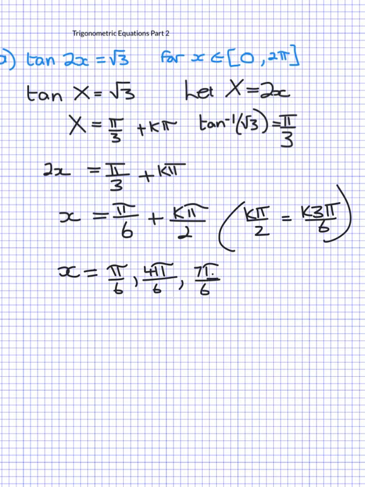And if I add 3 pi on 6 again, I get 10 pi on 6. And then we're done, because then I'd get 13 pi on 6, which is greater than 12 pi on 6 or 2 pi. So I could simplify those a little bit. Pi on 6, 2 pi on 3, 7 pi on 6, and 5 pi on 3. And there's our answers.